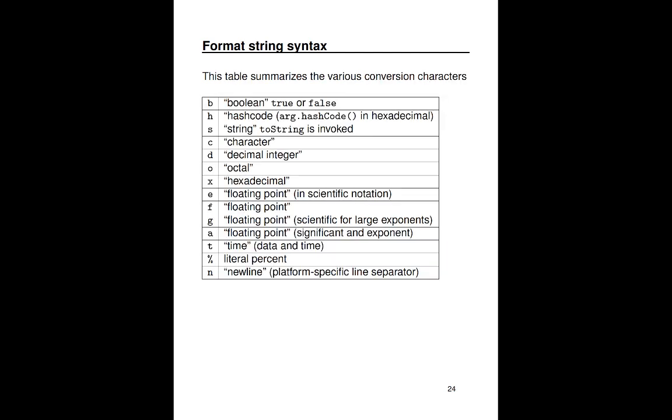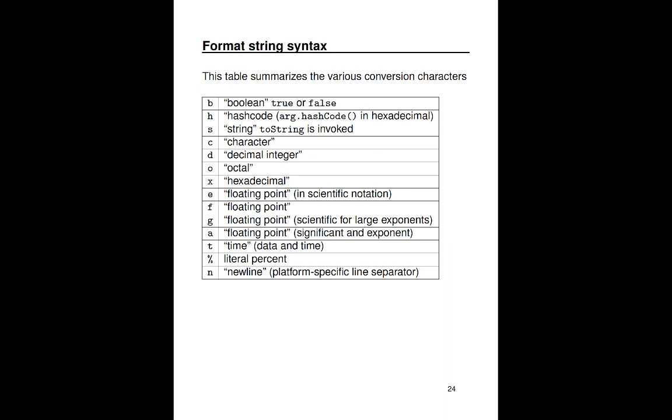Let's take a look at some of the conversion characters that are available in these text formatting APIs. If you want to format a Boolean object, either a little b Boolean or a big B Boolean, you would say %b. Similarly, %d for a decimal integer, or %x for an integer in hexadecimal format.